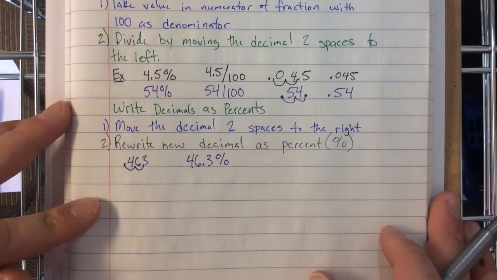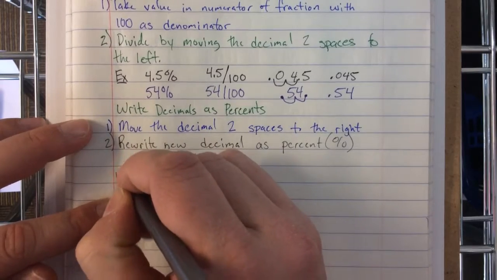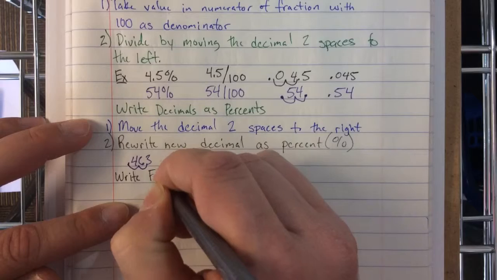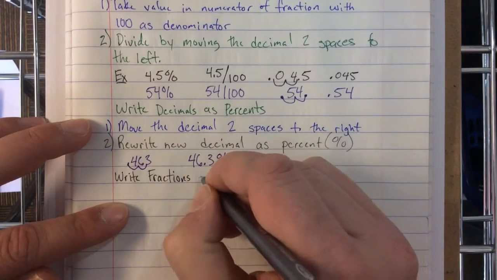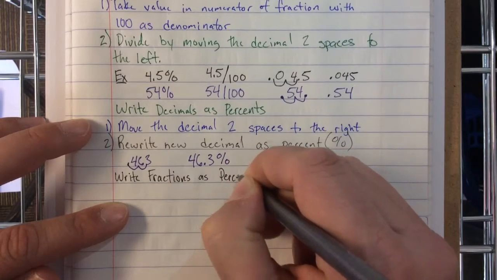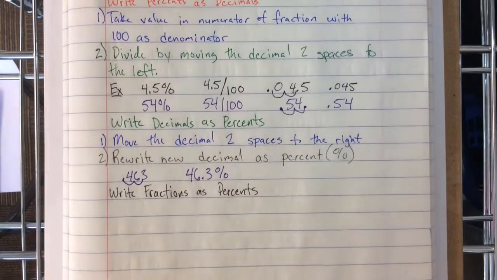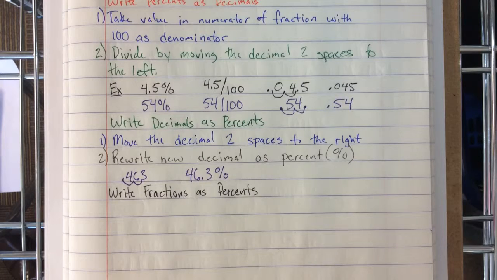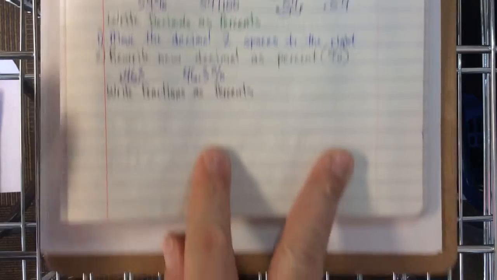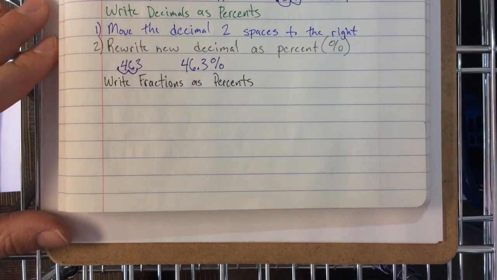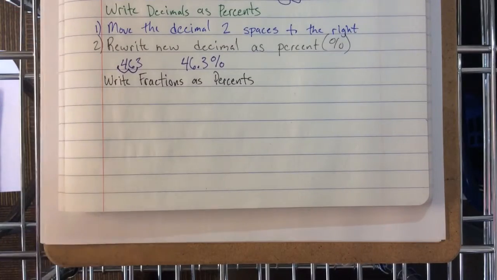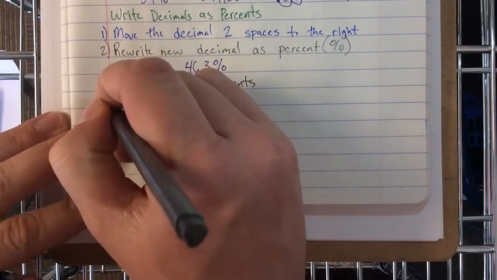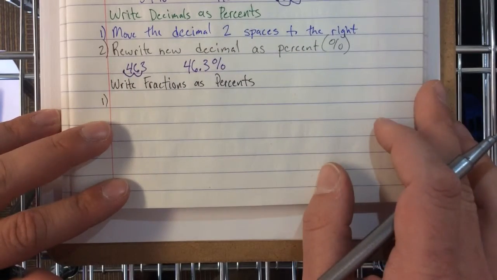So now we're going to write fractions as a percent. To write fractions as percents, first we need to divide that fraction and find the decimal value.